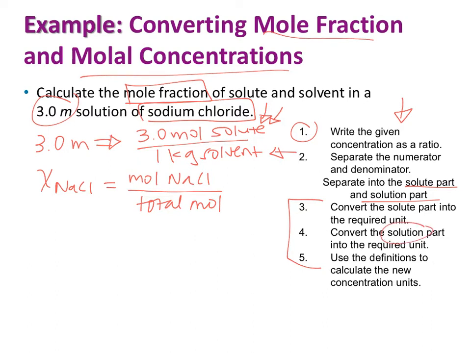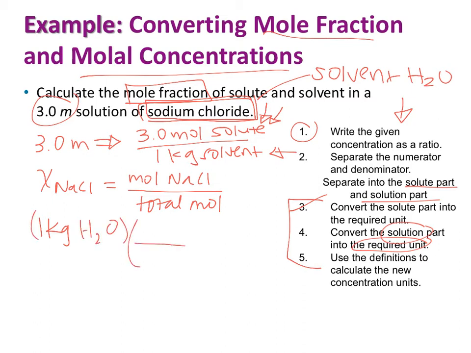So we need to convert the solution or the solvent part into the required unit. We don't need to do this one because it's already in mole. So we need to convert that 1 kilogram. Now, what is that 1 kilogram? So anytime you have a solution with an ionic compound such as this one, the solvent will be water, okay? So it's 1 kilogram of H2O. So first we're going to convert this to grams.